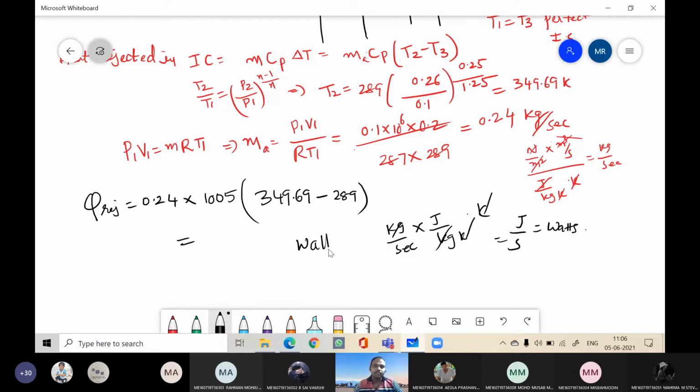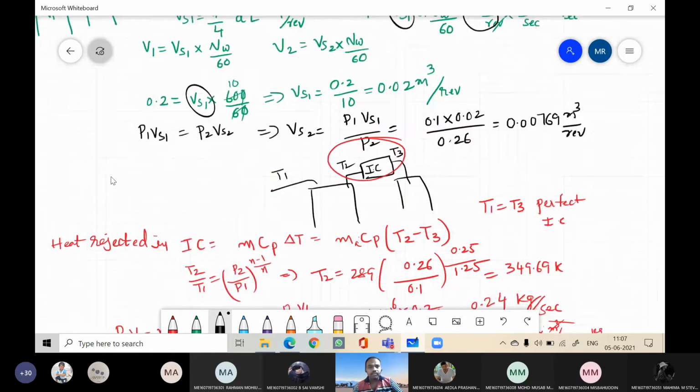How much will it be? 14638.42, which I can say is 14.63 kilowatts. This is the heat rejected. Okay, right? Yes, sir. We'll go to the next problem.